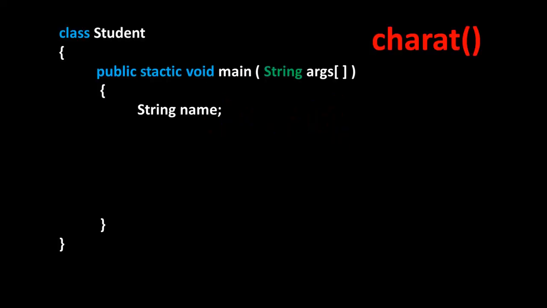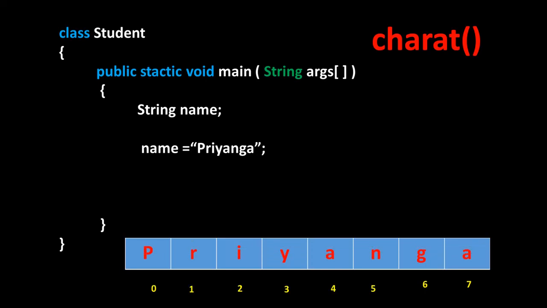Right. And then we have another property that we call charAt, character at. Now let's see how this charAt works. Here I create the variable and then initialize it with Priyanga. You can see there is a character array starting from 0 to 7.